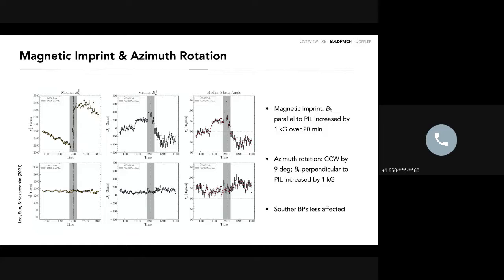Now it becomes a normal sheared arcade, and that is why the bald patch disappeared. Similarly, in comparison, the other location doesn't change much. And if you look at the shear angle with respect to the neutral line, prior to the flare it's 95 degrees, which indicates a bald patch, and after the flare it's below 90 degrees. It's a sheared arcade. Next slide, please.